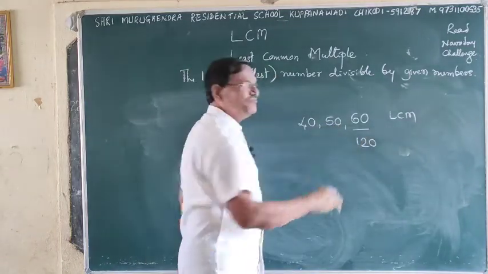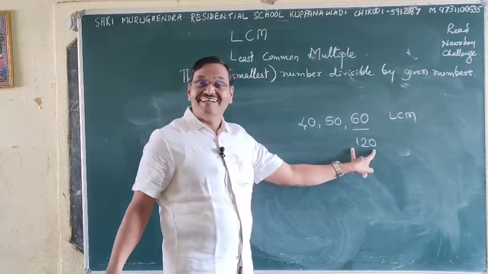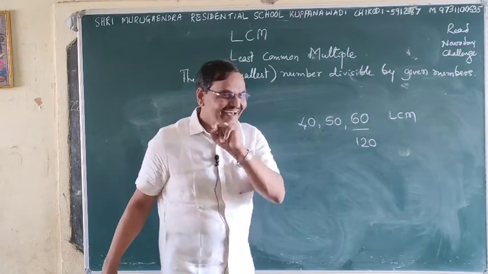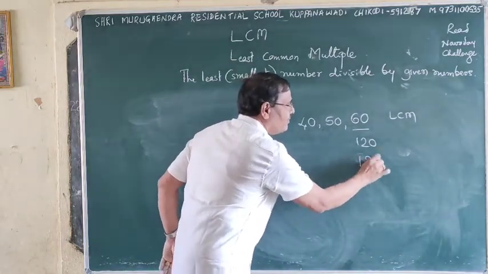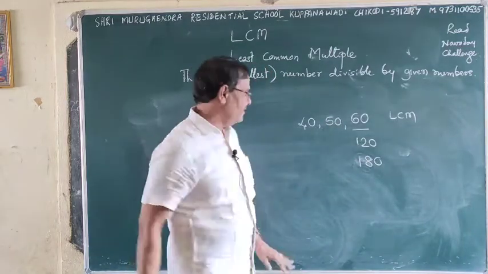So we go to 60 twos are 120, 40 has 120, but 50 has no 120. Then 180 we go; these two have no 180.